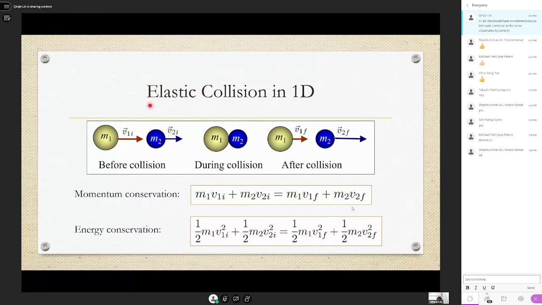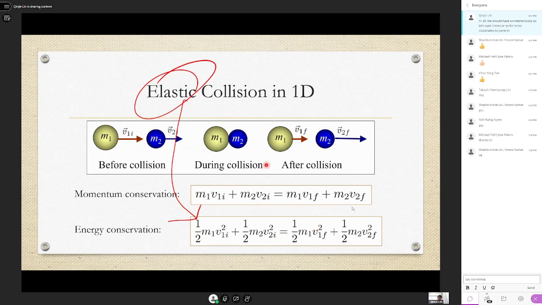Next, because it's an elastic collision, and only for this particular case, we will have this statement here. Remember the definition of elastic. If it's inelastic, there will not be this statement. This is energy conservation of kinetic energy: half m v squared of the starting phase must equal half m v squared of the final phase.